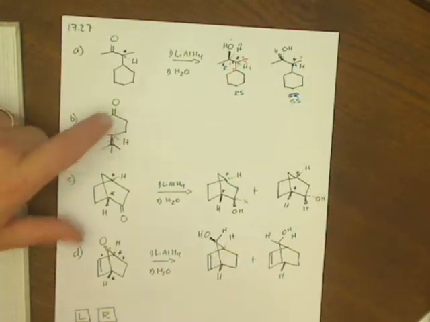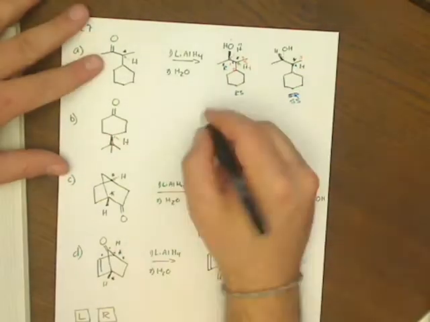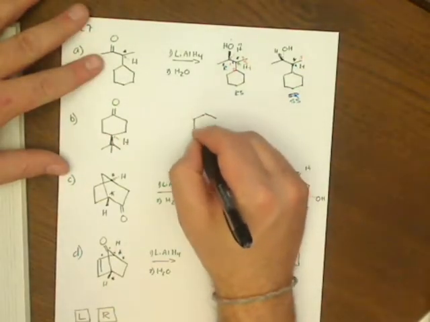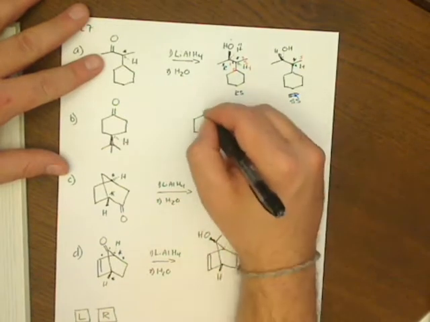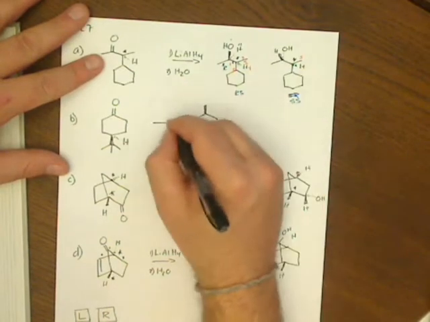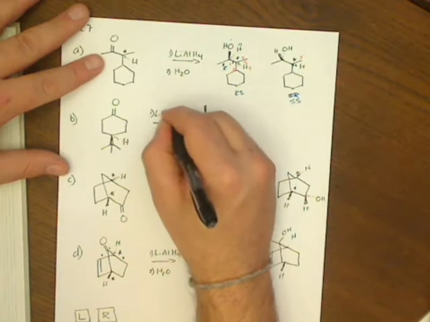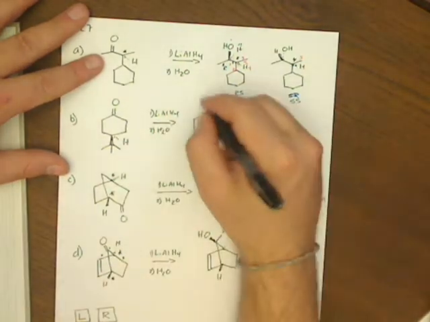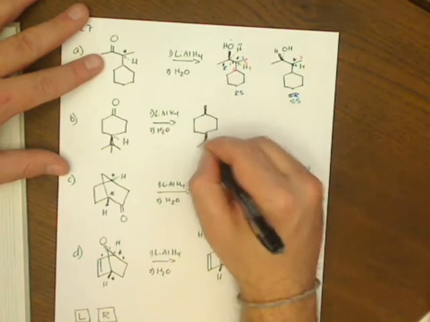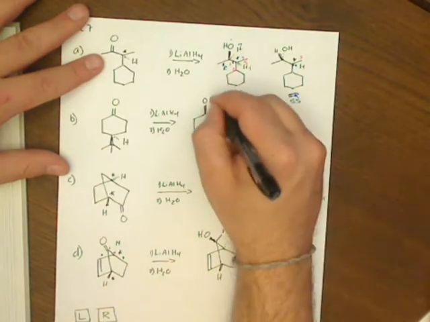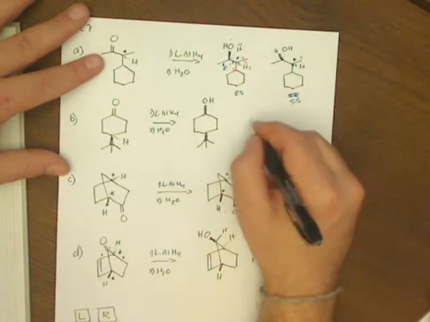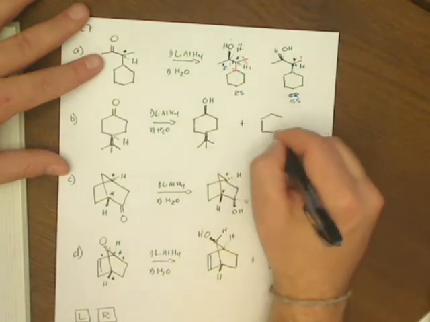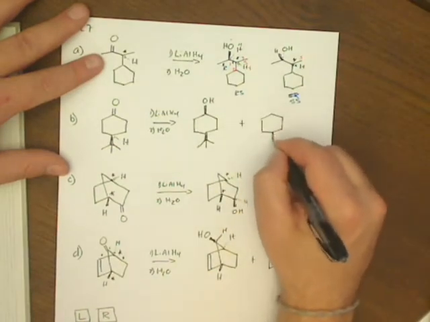Now this case up here is really interesting because the products here are not chiral. We have one possibility, LiAlH4 followed by H2O. One case where we have the OH coming out and they're cis to one another, plus one where the OH is going back in.